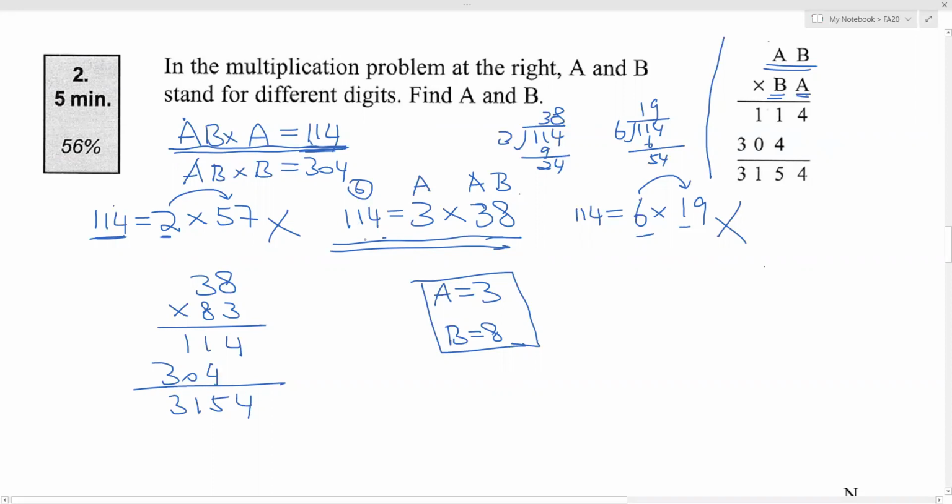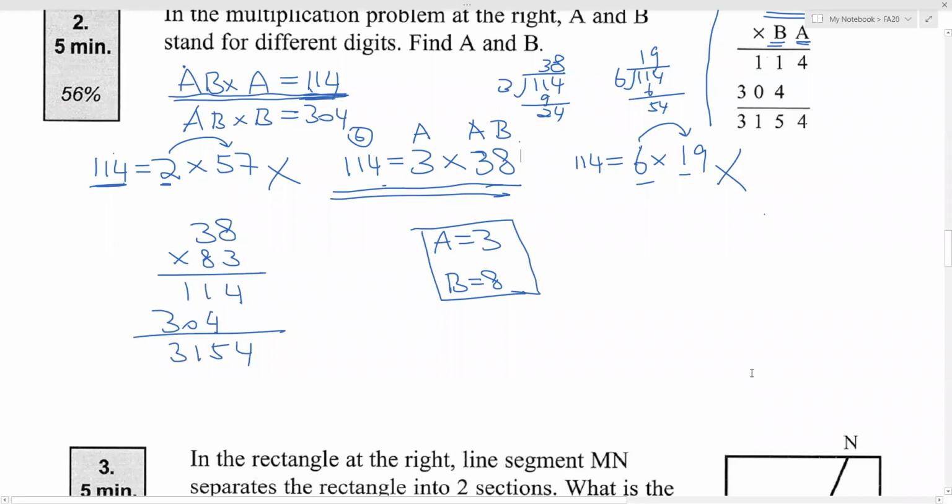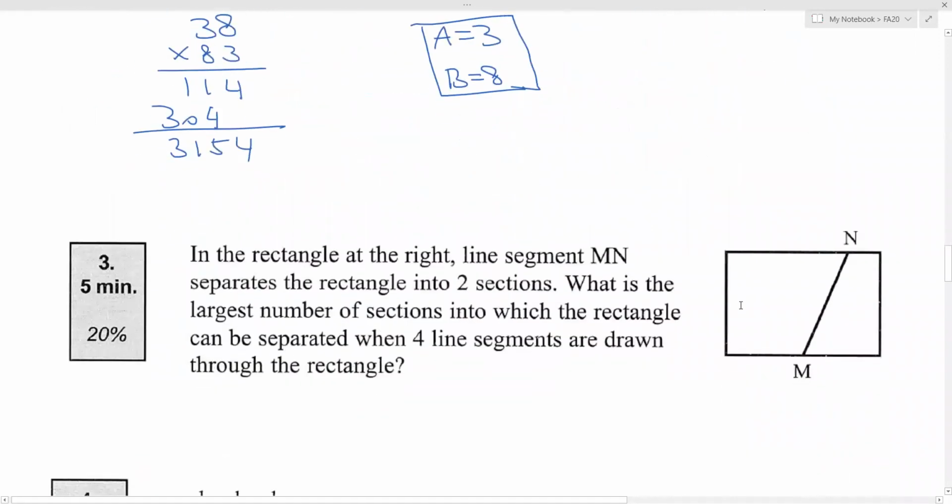The only choice here is 3 times 38. So A is 3, B is 8. If you understand what the question was asking, there is really not much trick, but it's kind of hard to explain.